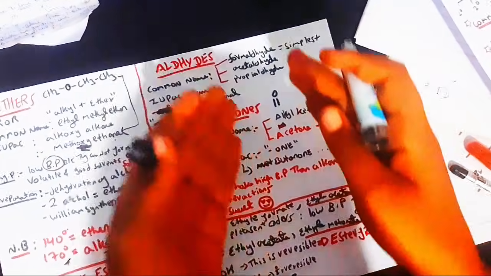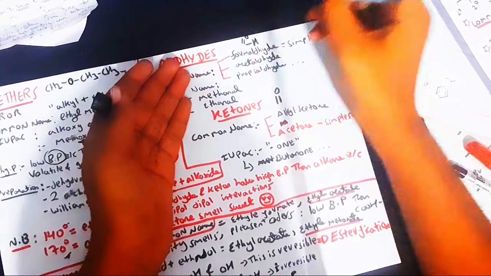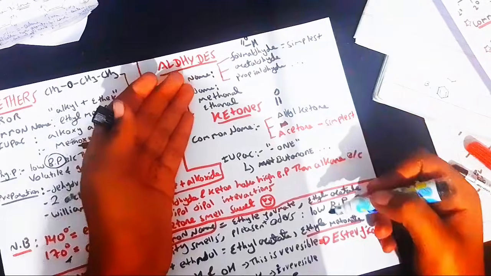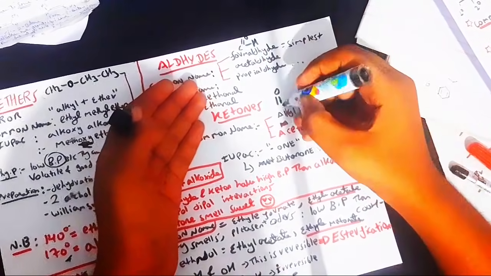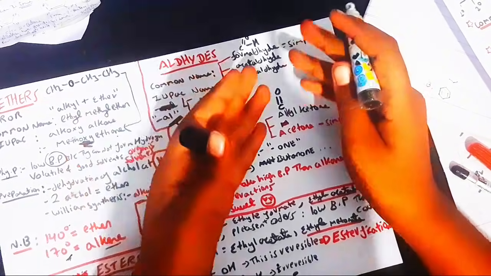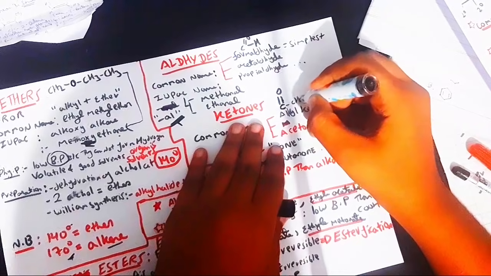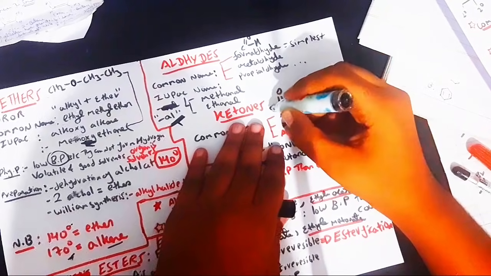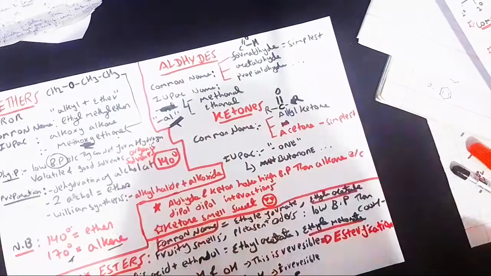And aldehydes are double bonded with O and H. They have a hydrogen attached to the carbon chain here. But in this case, it's carbon chains attached to O only, and it's not hydrogen. It's going to be CH, and just let's call it an R group, basically.